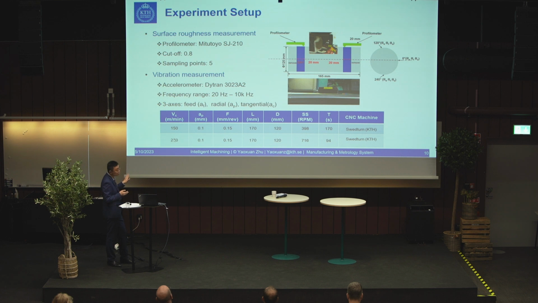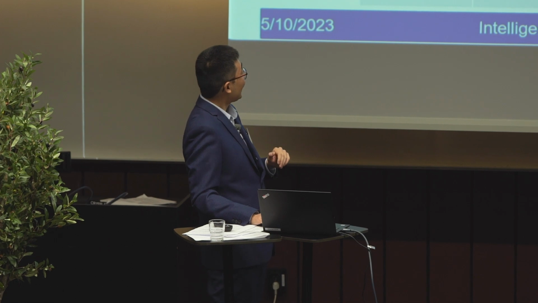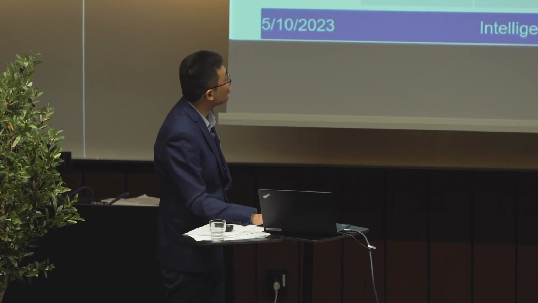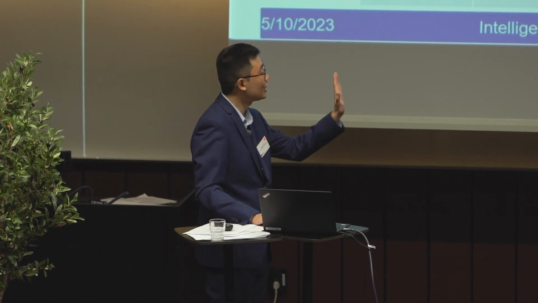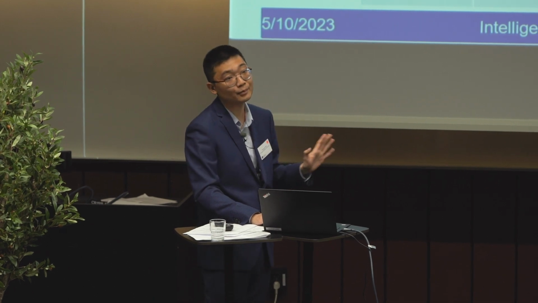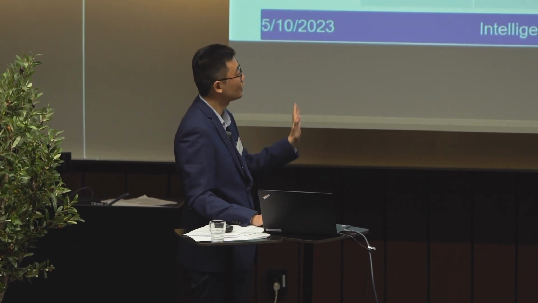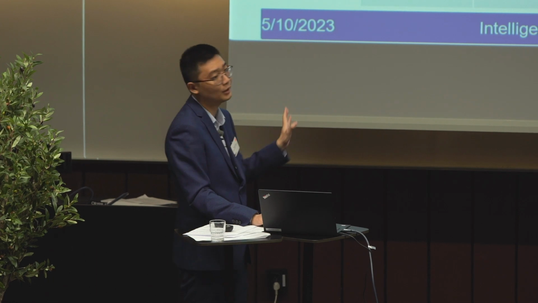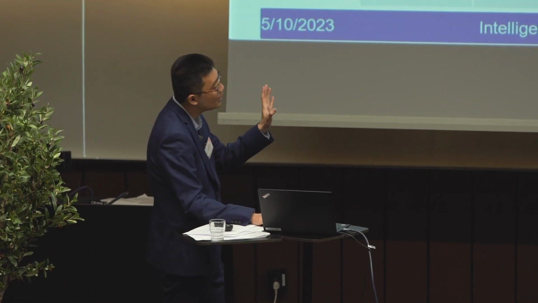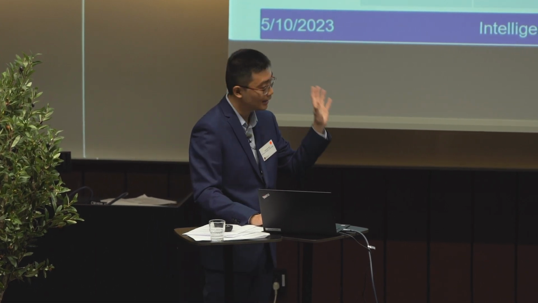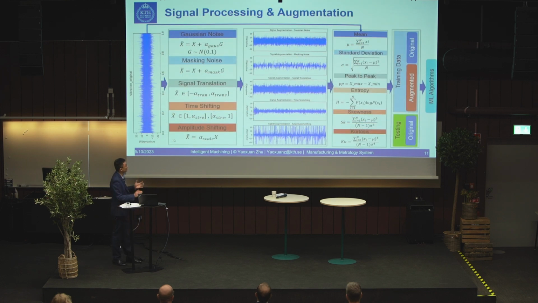And after each cutting run, once the cutting process is finished, we measure the surface roughness through the profilometer. For the cutting parameters during the experiment, we only change the cutting speed, and we keep the feed rate and depth of cut fixed. All the experiments were completed on a CNC machine in our lab.